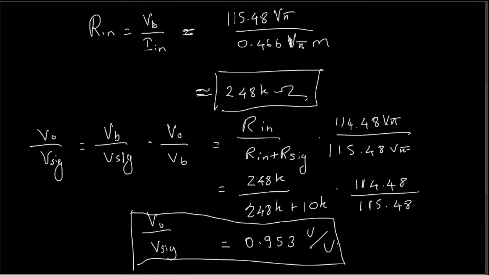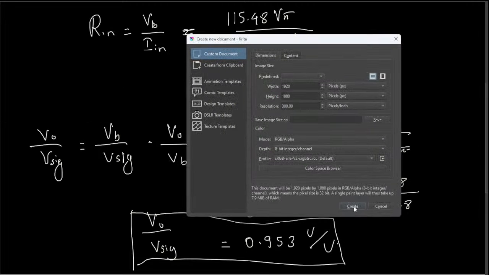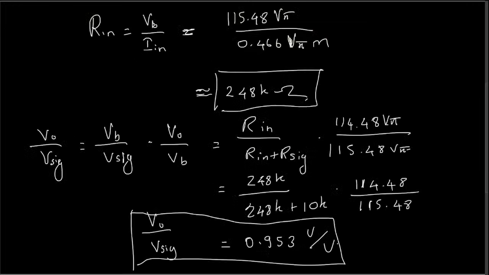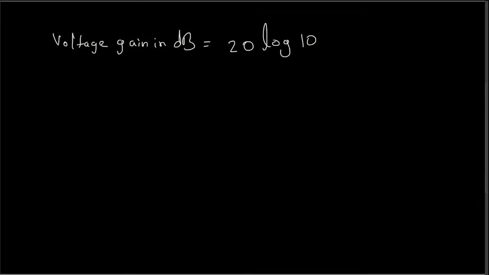It's better to give the gain in decibels. The voltage gain in decibels is nothing but 20 log 10 of VO over vsig.